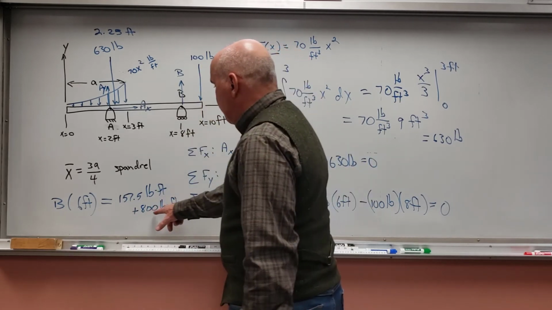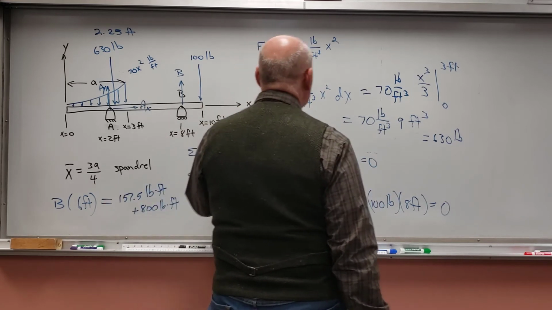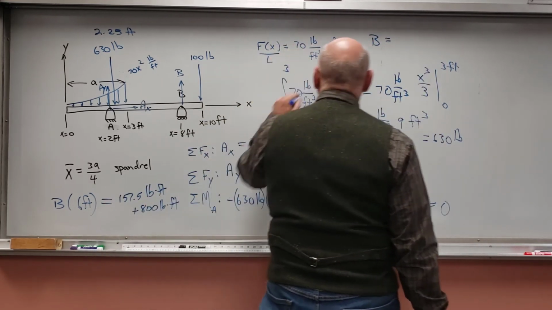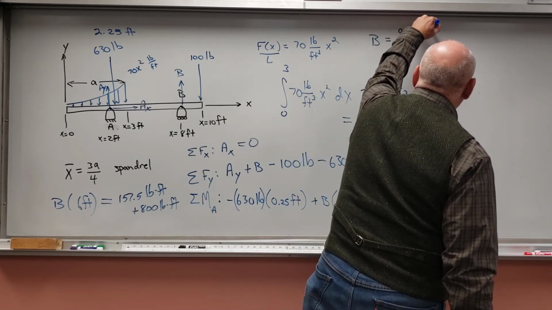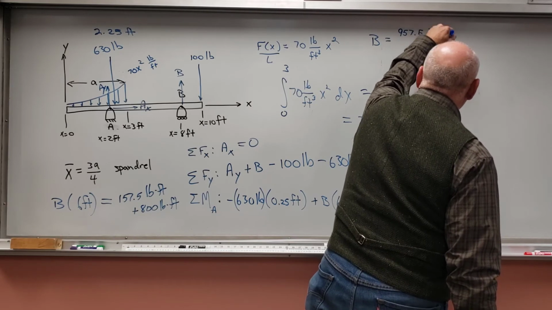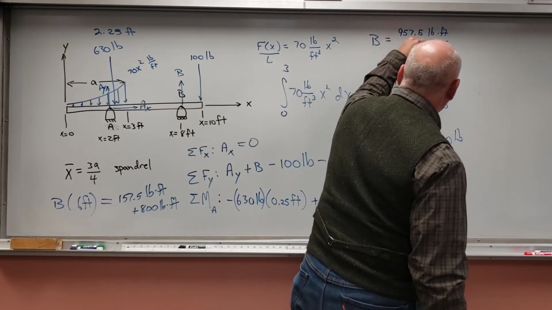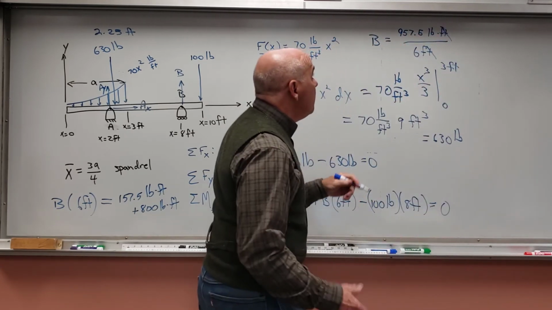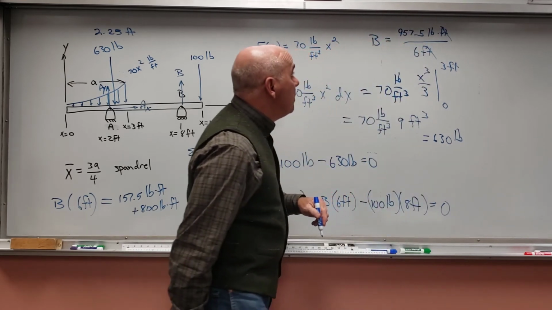Okay, so I have 957.5 pound-feet. So B is equal to 957.5 pound-feet divided by the 6 feet that you see over here. So notice the feet go away and I just get pounds, which is good because this is a force. It should be measured in pounds.